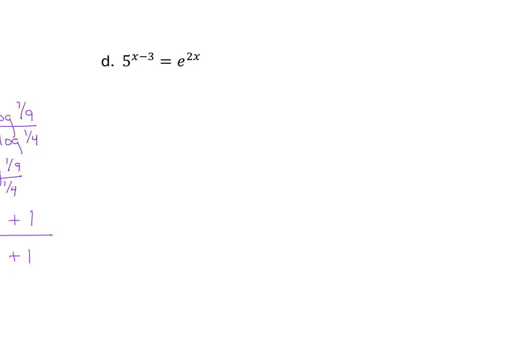And for this one, because I do have this e right here, I'm going to make it a little bit easier on myself, and I'm going to take the natural log of both sides. On the left, I'm going to write it natural log. On the right, I'm going to use the other notation. I'm going to write it as log base e, and we have e to the 2x.